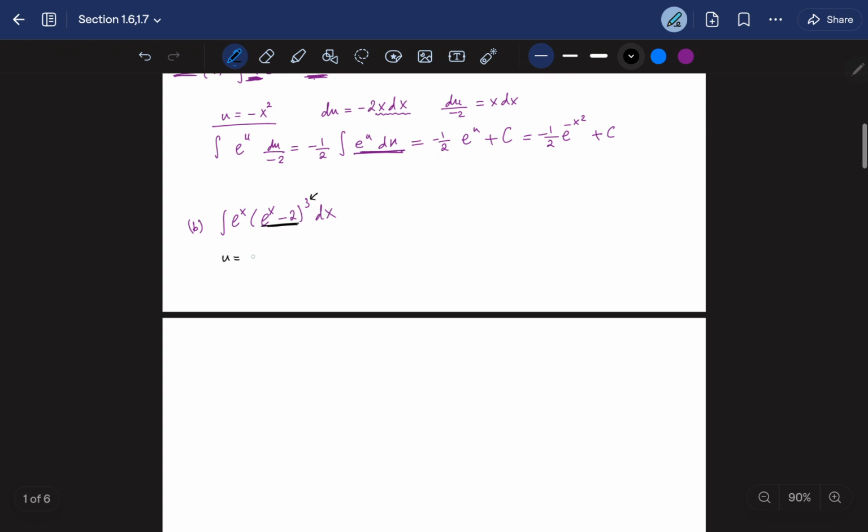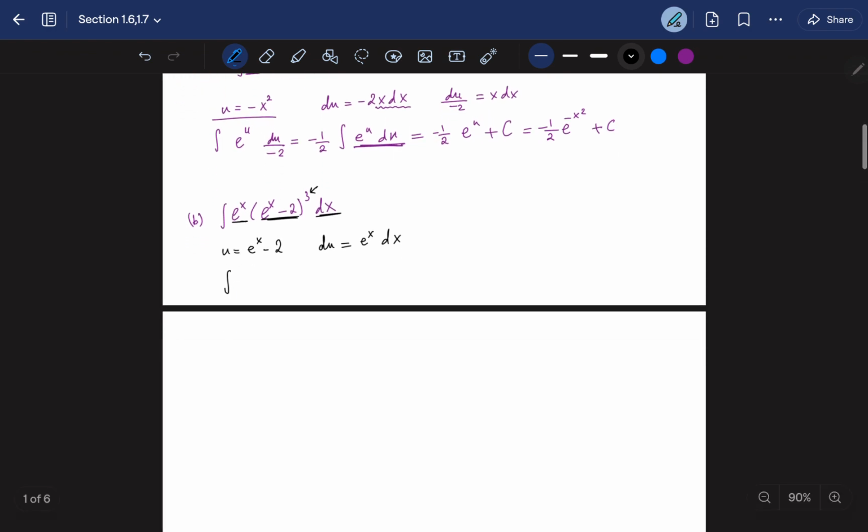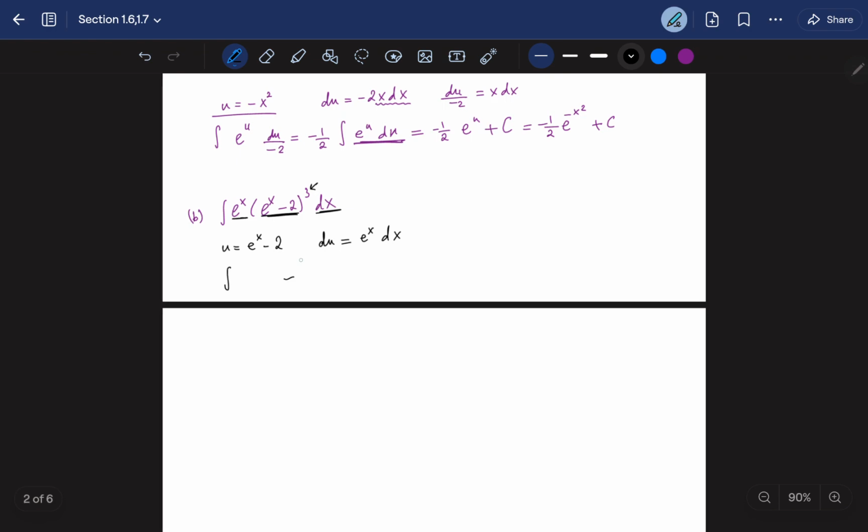So here, if you take your u to be e to the x minus 2, let's try to find the derivative. The derivative is just du, and the derivative of this is just e to the x dx, which is perfect because I already have this in my integrand, which means my substitution is correct. Now, plugging everything back in, e to the x dx is just my du, and then I have a u instead of e to the x minus 2, and it's cubed.